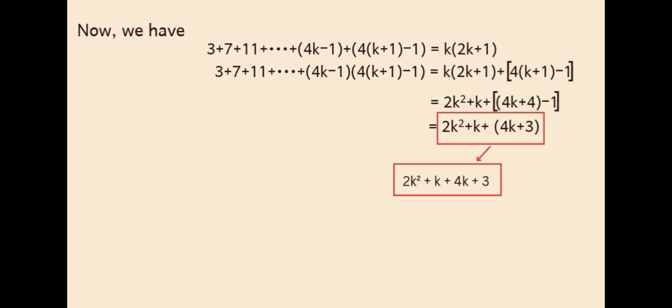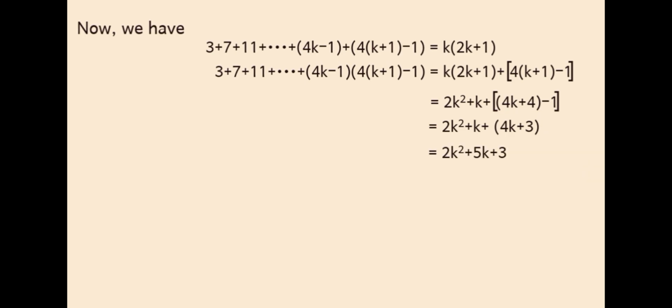This equation can be written as 2k squared plus k plus 4k plus 3. And then for our next step, we add the like terms, which are k and 4k. So now our equation will be turned into 2k squared plus 5k plus 3. And this one is now the expanded form.